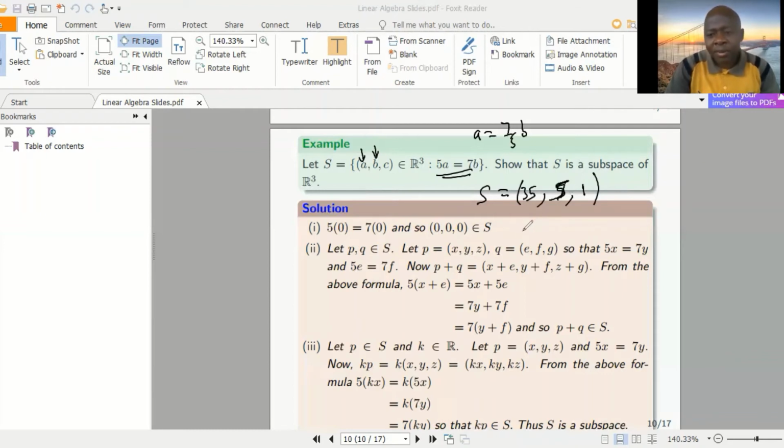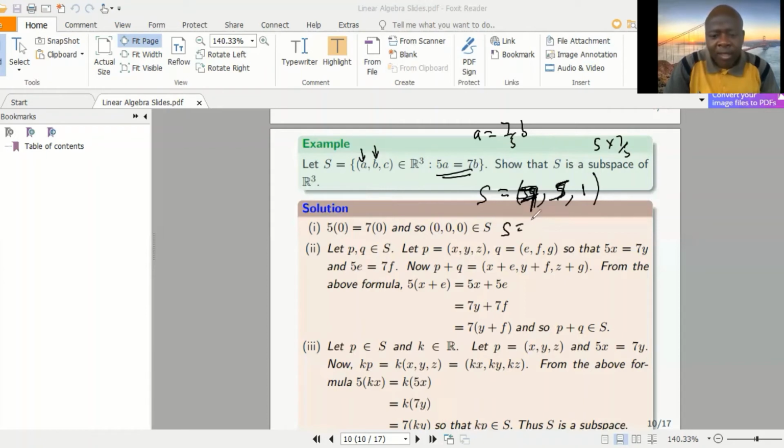This is just an example, showing you what it means. That A is B times 7 out of 5. That if I have 5 here times 7 out of 5, this is supposed to be 7. That if this is 5, this should be 7.